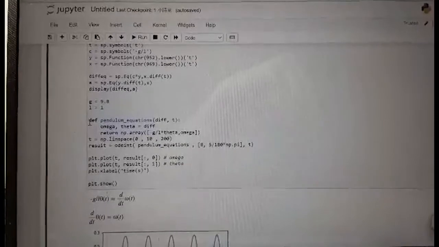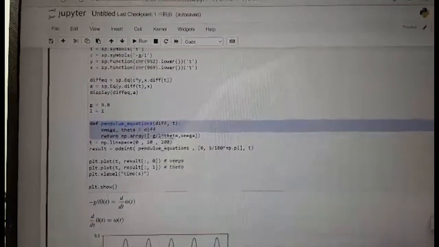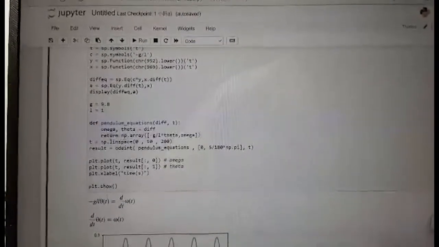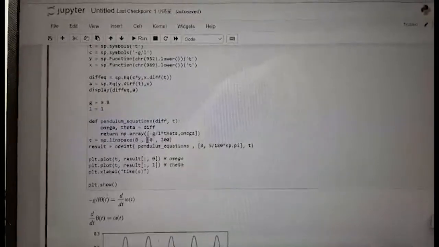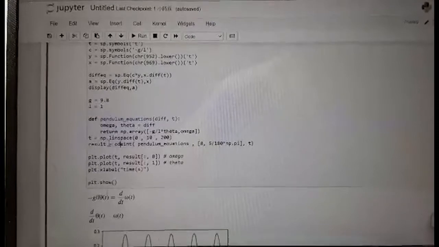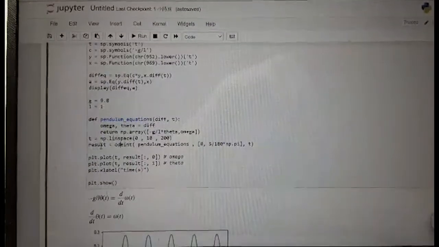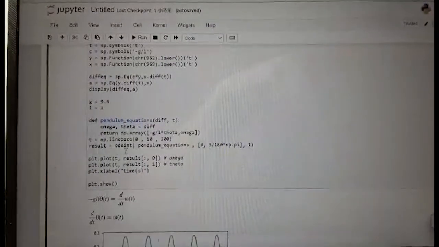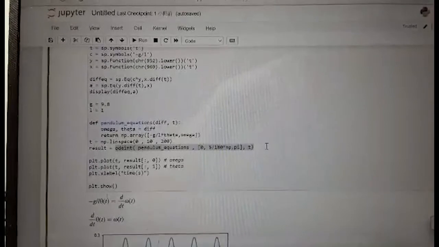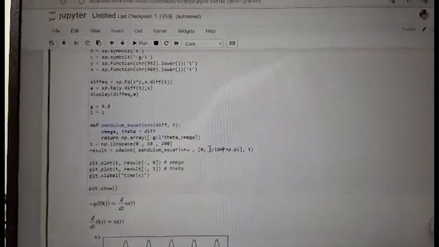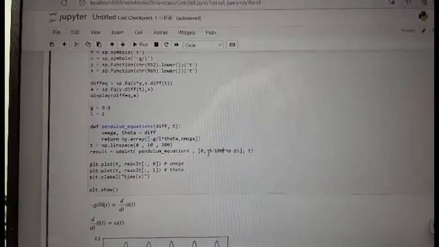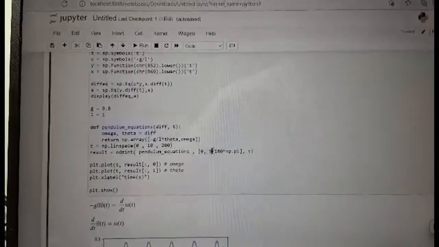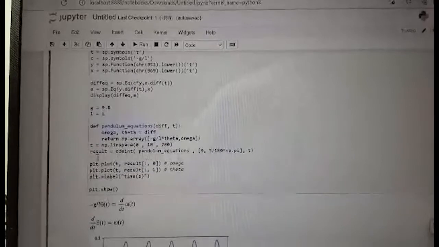And we design the code like this, and set up time from 0 to 10 seconds. As a result, it will be like this, and we set up the beginning angle as 5 here, and plot them.